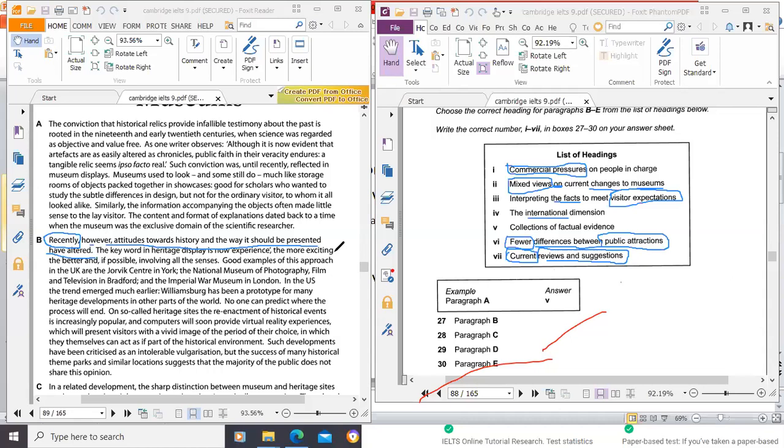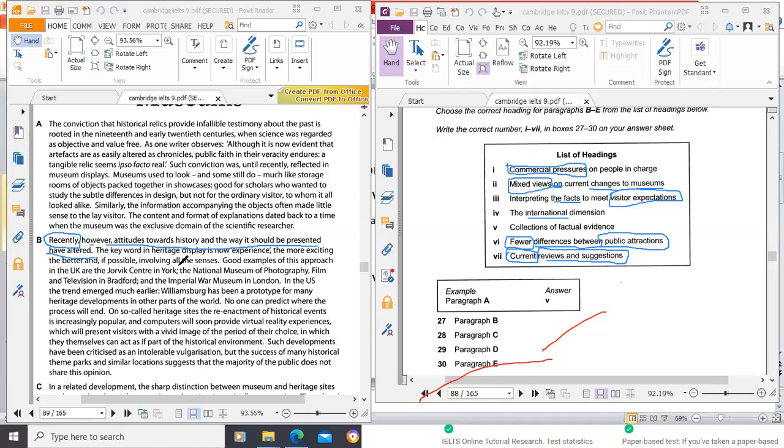So recently, however, attitude towards history and the way it should be presented have altered. I'm thinking this is what we are talking about. Now, they explain the keyword in heritage display is now experience. The more exciting, the better, and if possible, blah, blah, blah. Good example of this approach, and the cited examples.